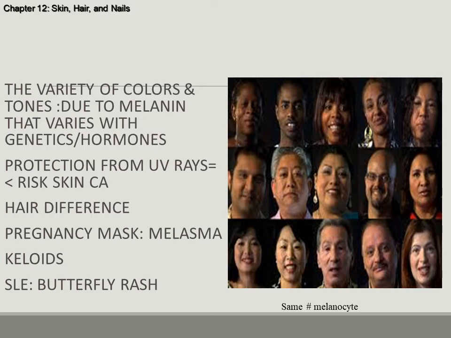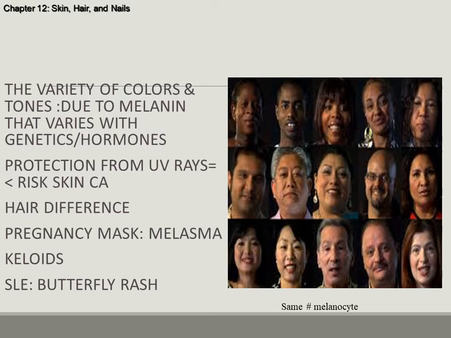When we look at our hair as well, we can see that there are some differences in our hair texture and the quality of our hair, the length of our hair, much different between African American hair versus Caucasian hair, and also the person that's maybe Indian, the hair texture is a little bit different as well.